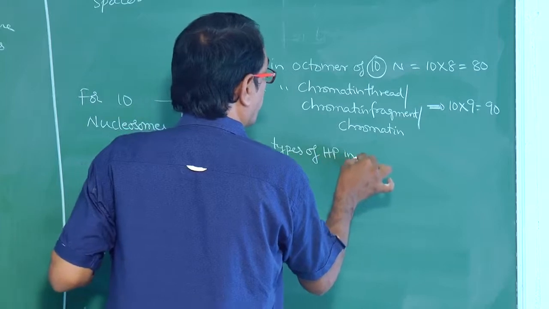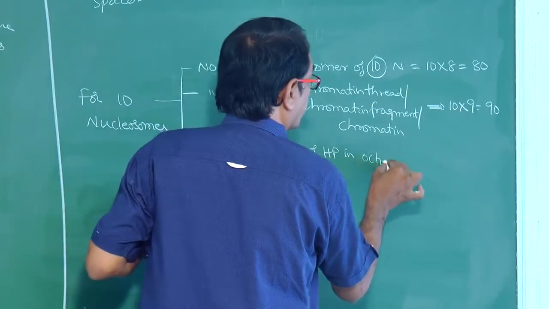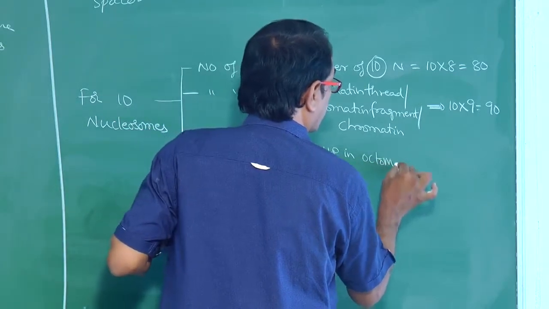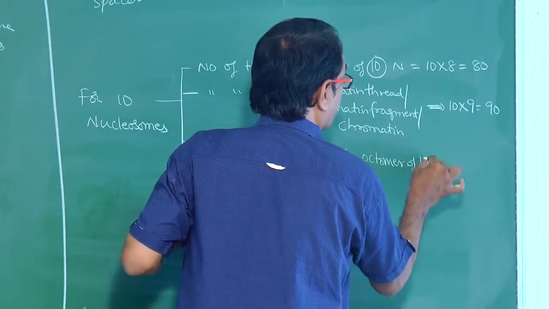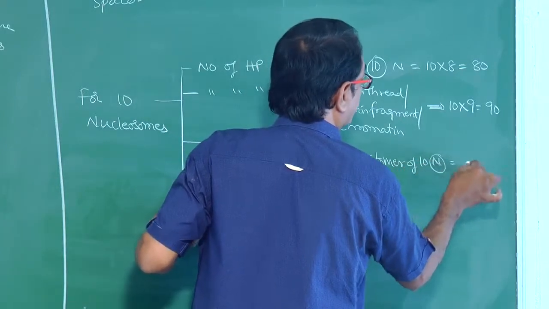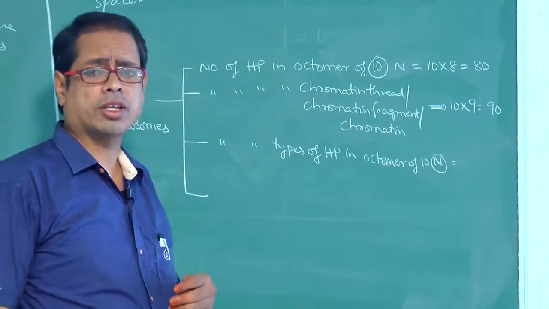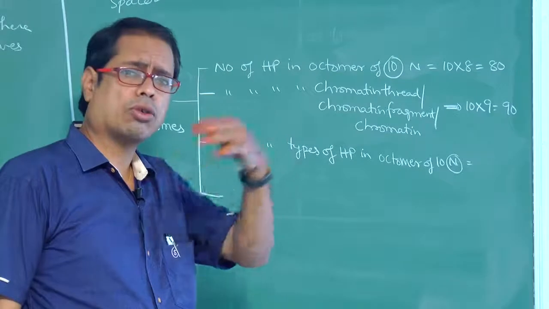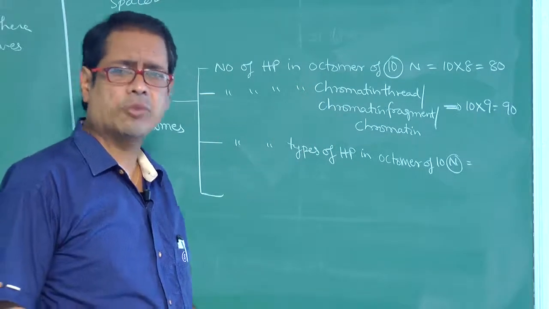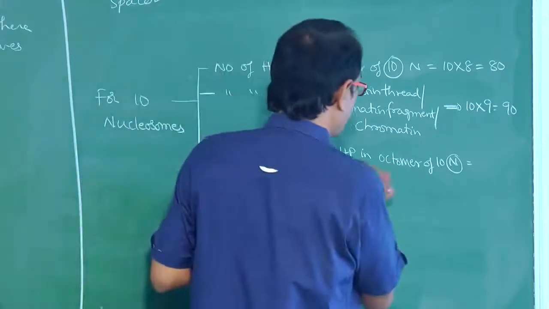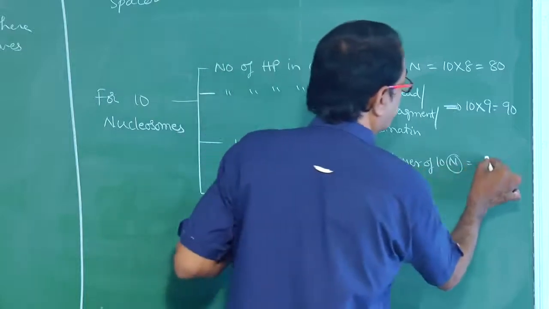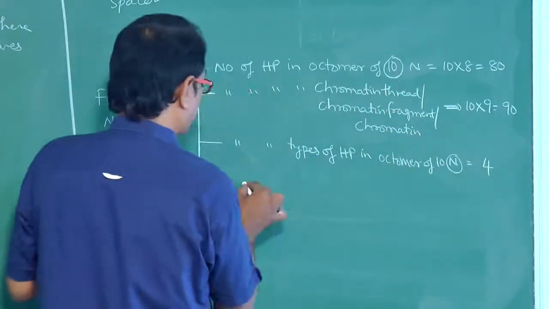Number of types of histone proteins in the octamers of 10 nucleosomes. Types means there is no change. Whatever types are present in one nucleosome, other nucleosomes also possess the same types. That's why types of histone proteins in octamer means 4.